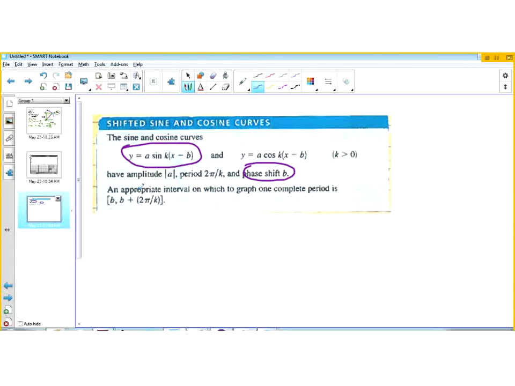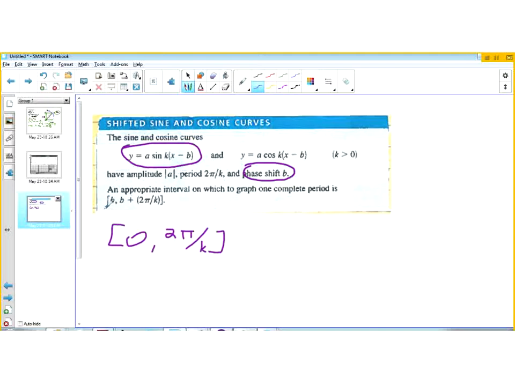And so normally, if you don't do a shift, the period is on this interval. This defines one period of the sine or cosine or secant or cosecant function.